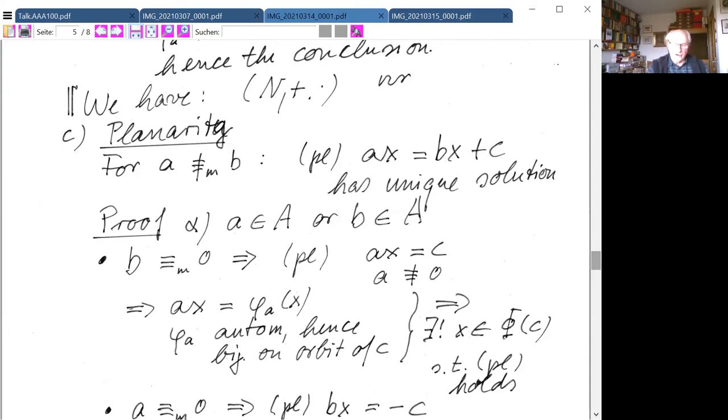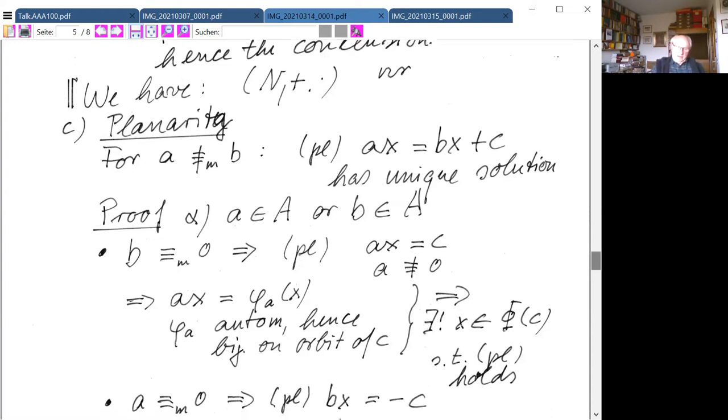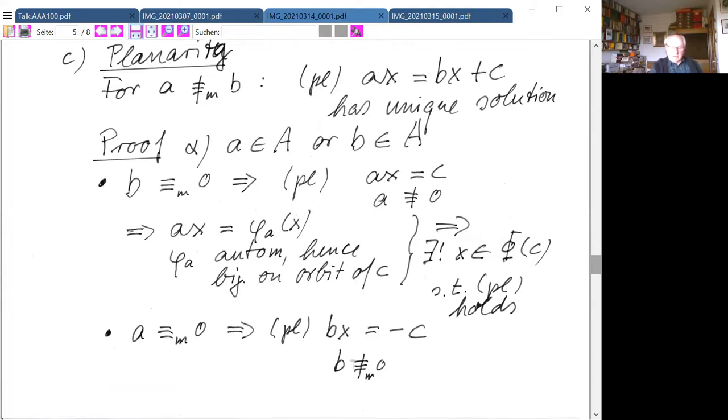Again, the proof is divided. We first consider the case that a or b are in capital A, so ax or bx is always 0. Assume b is equivalent to 0.